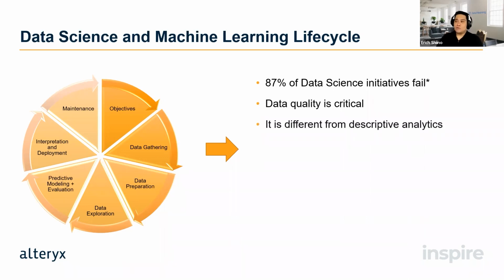And then when we're doing the data preparation, here it's going to be different from just the regular descriptive analytics. We can see those differences with the data preparation and data exploration, because we're going to offer this data to the machine so we can get the patterns, as we saw in the definition of machine learning. We're going to provide the data there, so it needs to be ready. Again, data quality is critical.